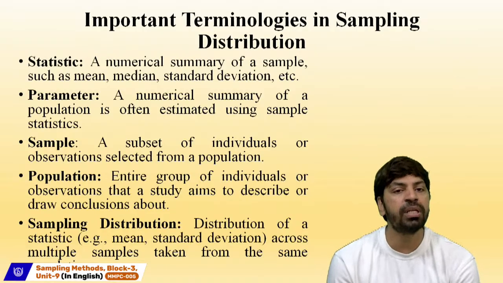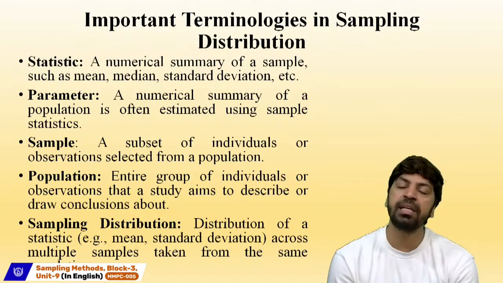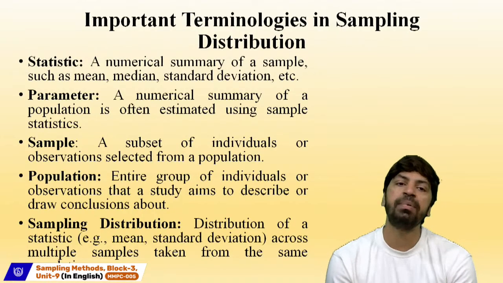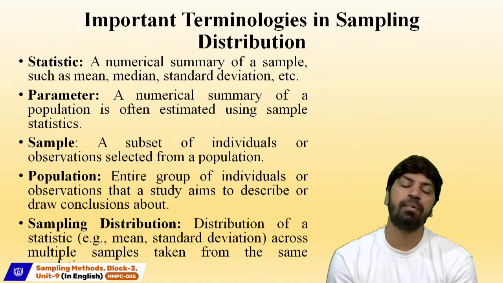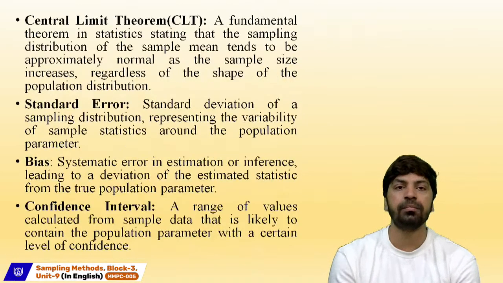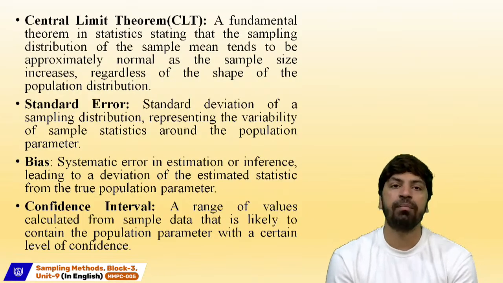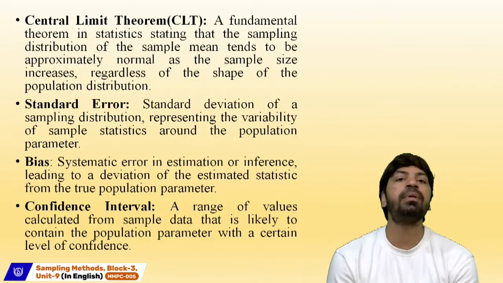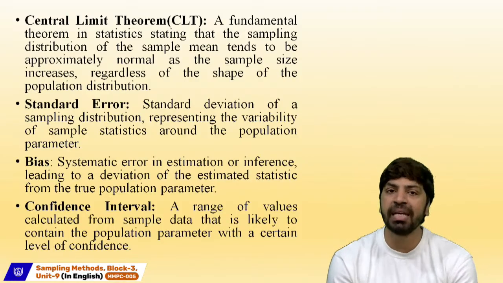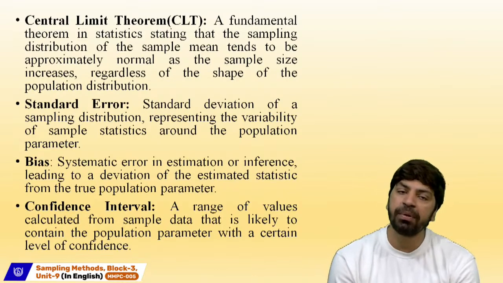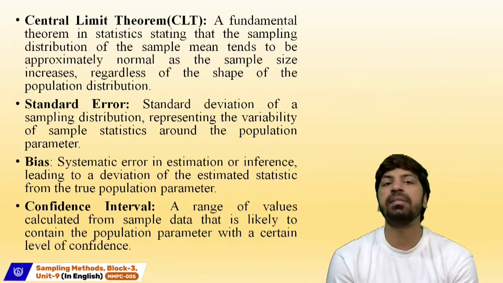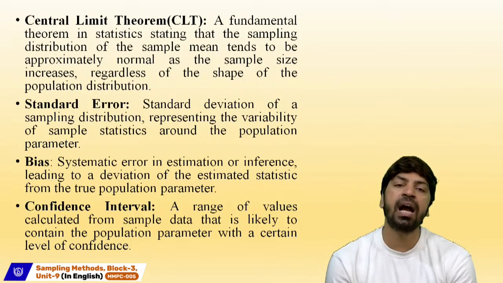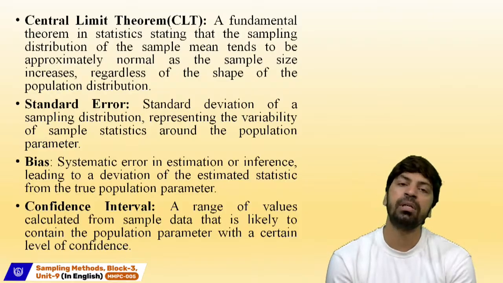Sampling distribution is a distribution of a statistic, referring to the mean, standard deviation, or mode across the multiple samples taken from the same population. Central limit theorem is a fundamental theorem in statistics which states that the sampling distribution of the sample mean tends to be approximately normal as the sample size increases, regardless of the shape of the population distribution.